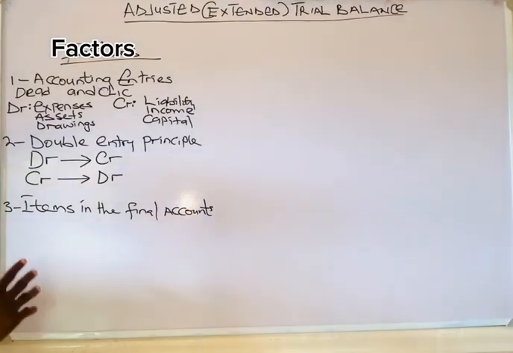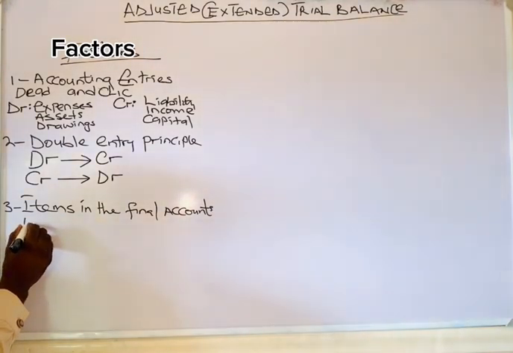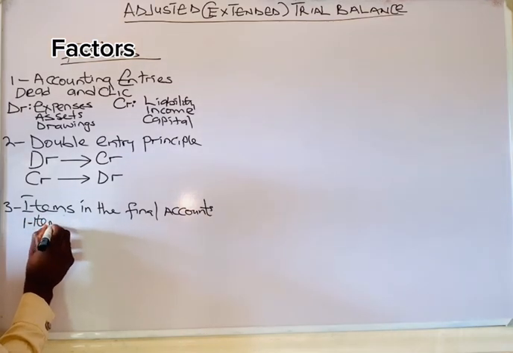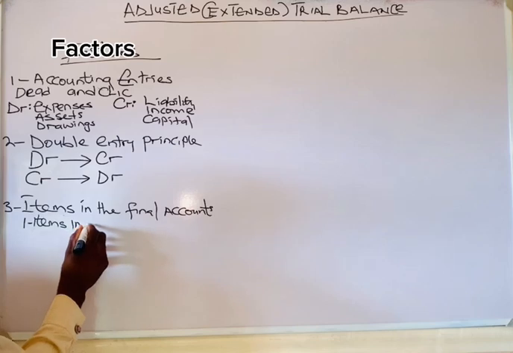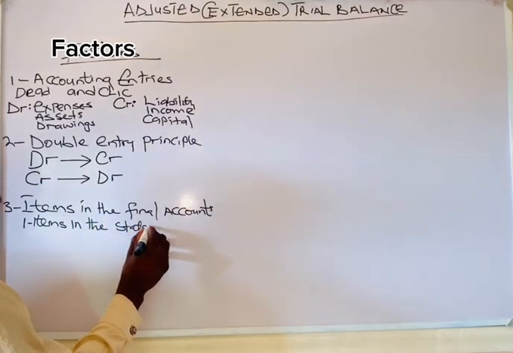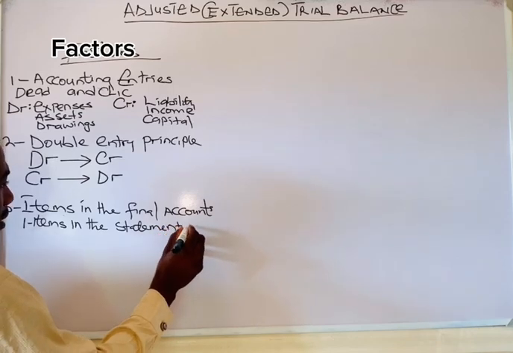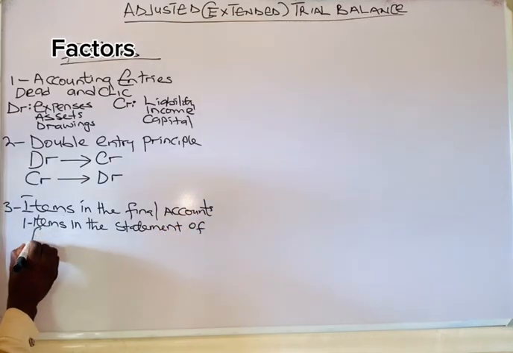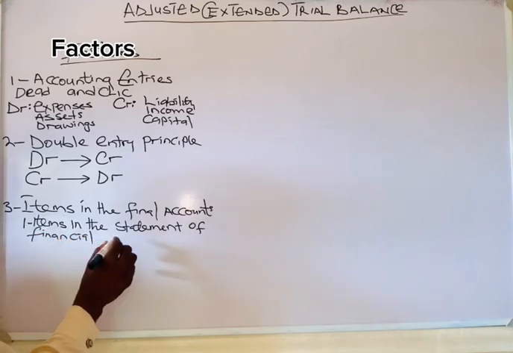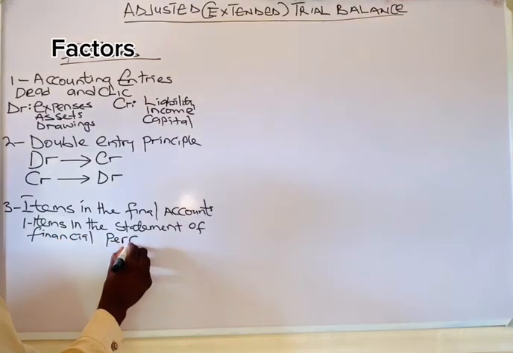Items in the two final accounts. That is, our two final accounts. 1, items in the statement of financial performance.